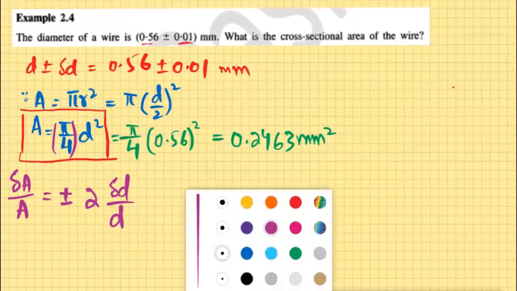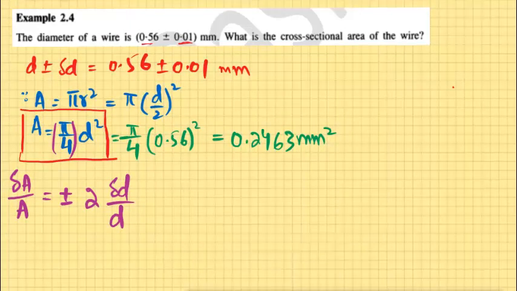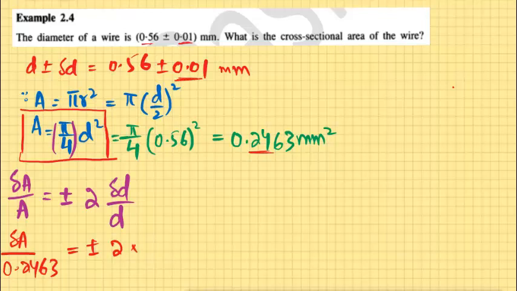Now I do not know the uncertainty in area, so I will keep this uncertainty in area as it is. But I know the value of area, so I would write 0.2463 as it is. That will be equal to plus minus 2 times the uncertainty in d, which is given in the question as 0.01.